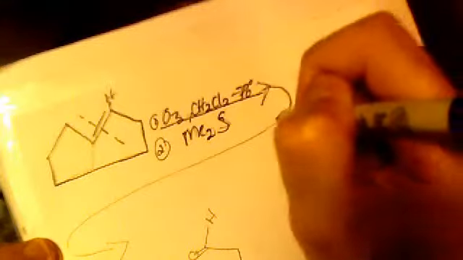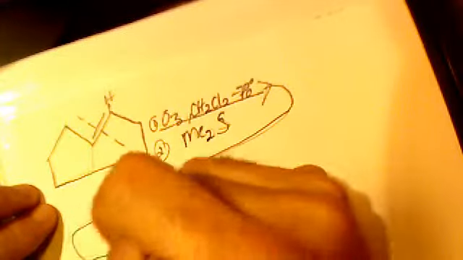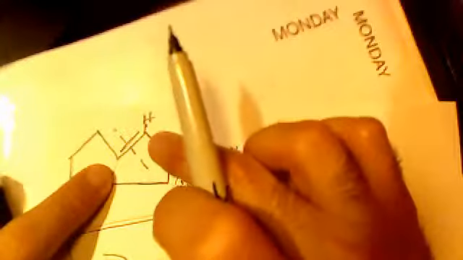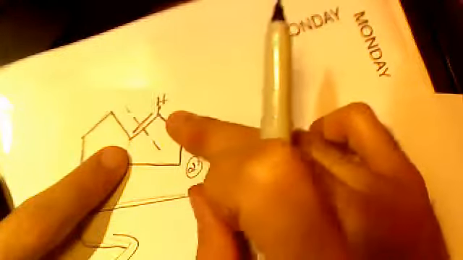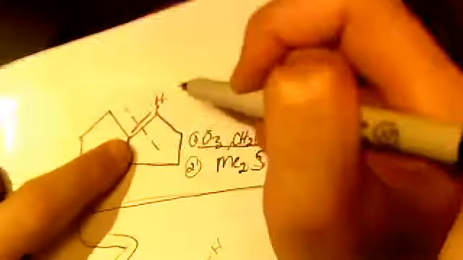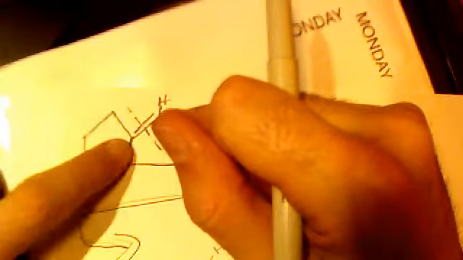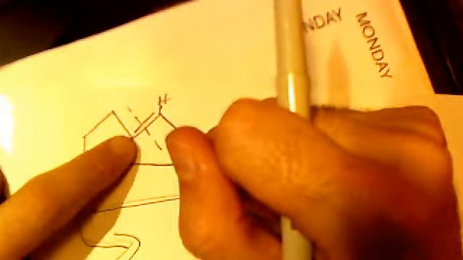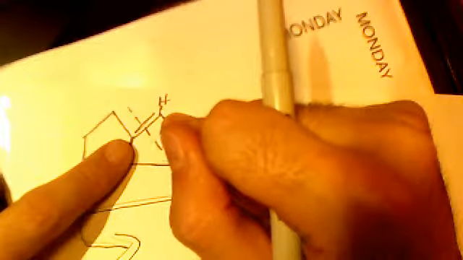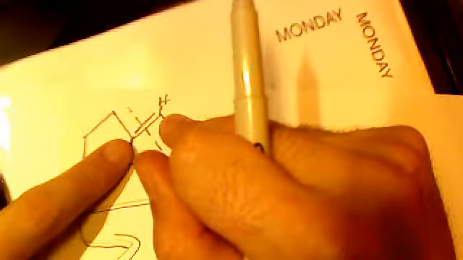And then let's look at the two carbons on the sides of the double bond, here and here. This carbon is disubstituted. This carbon is monosubstituted, right? Disubstituted becomes ketone, monosubstituted becomes aldehyde, unsubstituted becomes formaldehyde. So that's going to snap open. And that's going to leave us with, so here was our molecule, right?